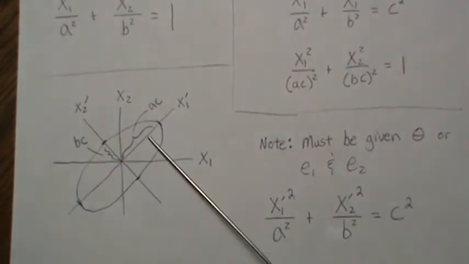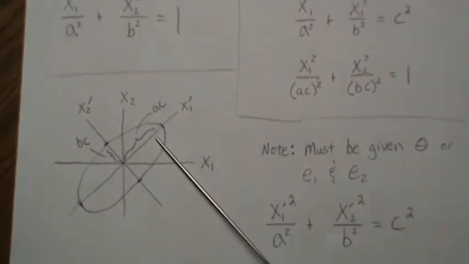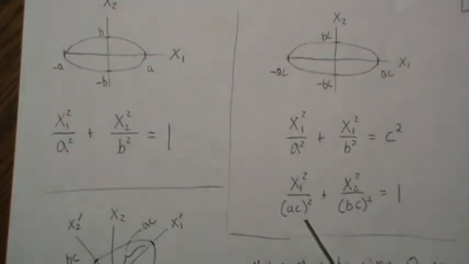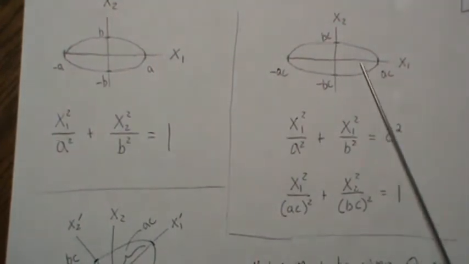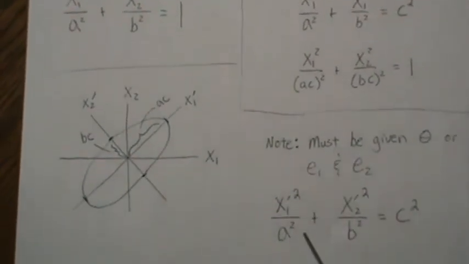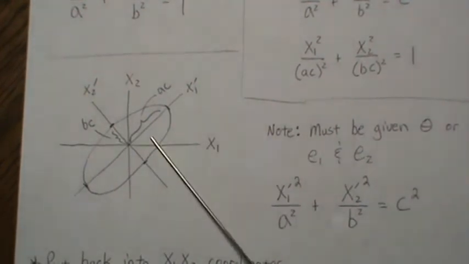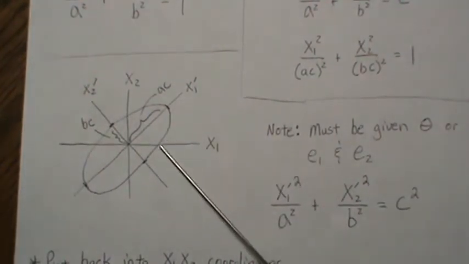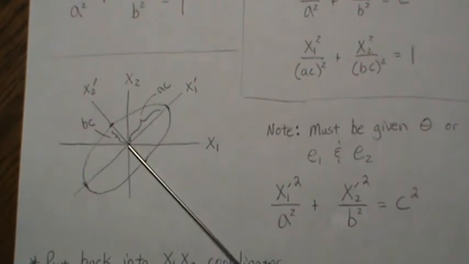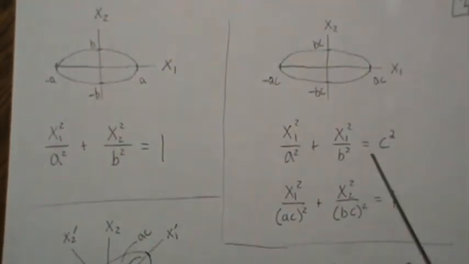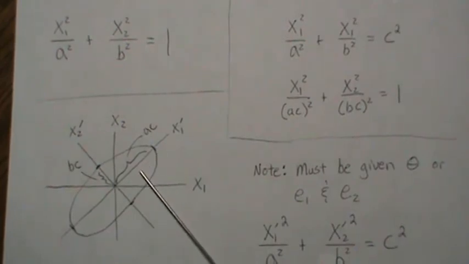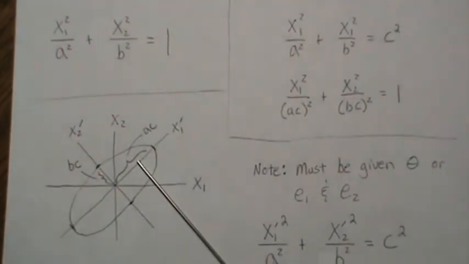So what is this distance? Well, it's the same here. This distance was a times c. And what's this distance? It's going to be a times c, and this is going to be b times c, based upon this. Now, that's the exact length.